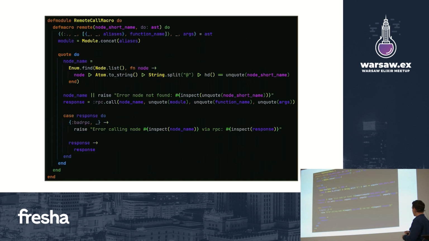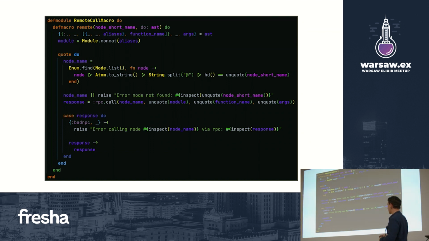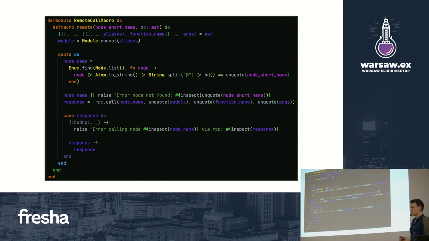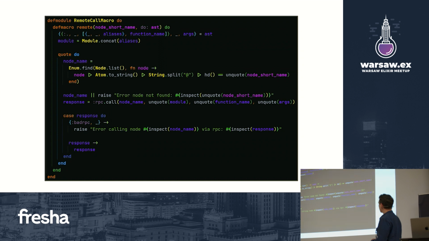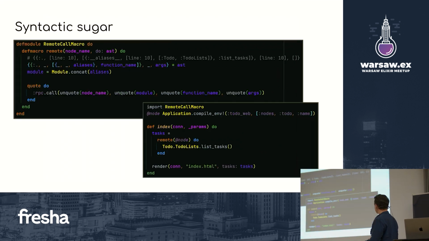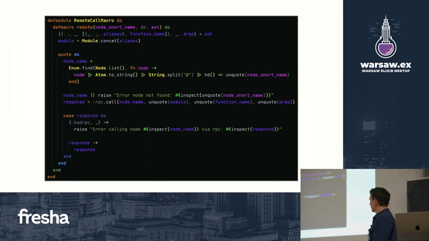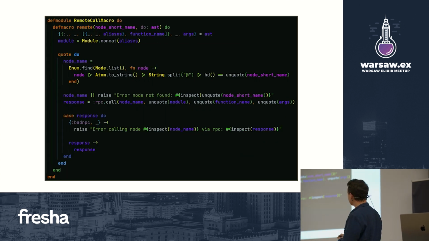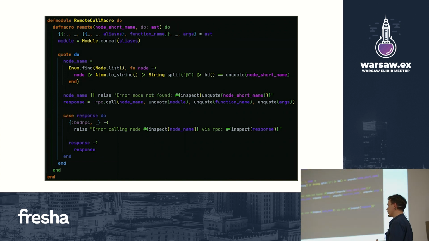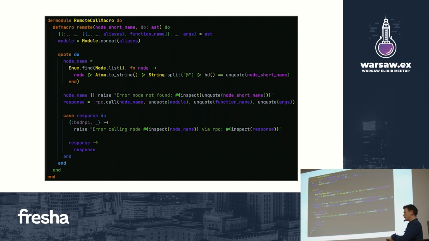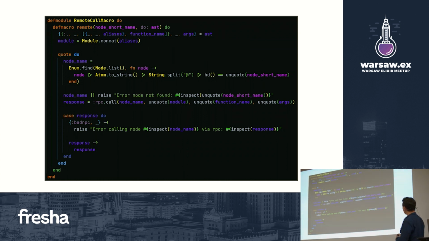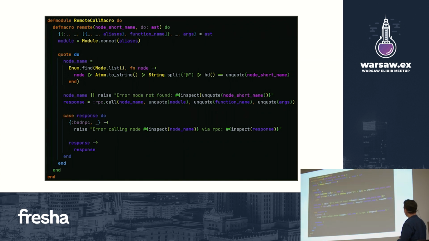We can extend our macro further, and we can add, for example, some handling of errors. And what's more, RPC call requires us to pass the full node name. But here I added some logic that uses node list to fetch all the nodes that this node is connected to, and then it filters out one more thing.